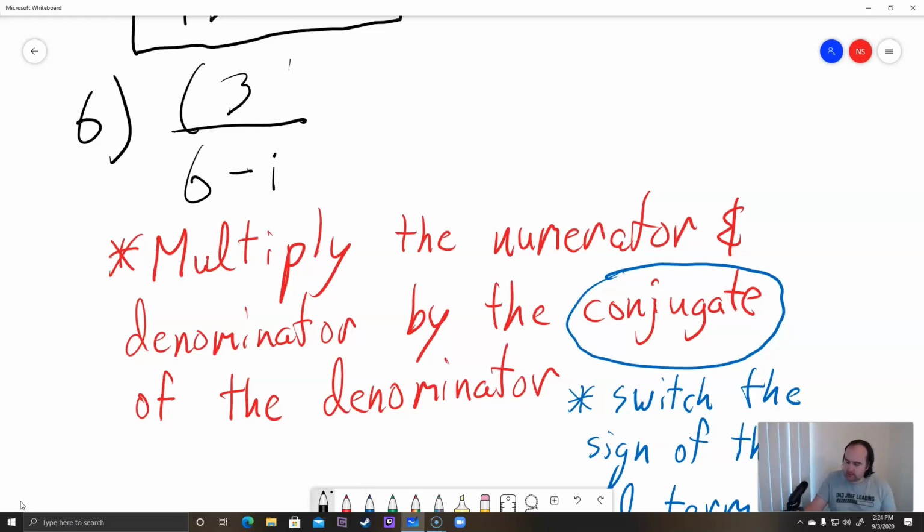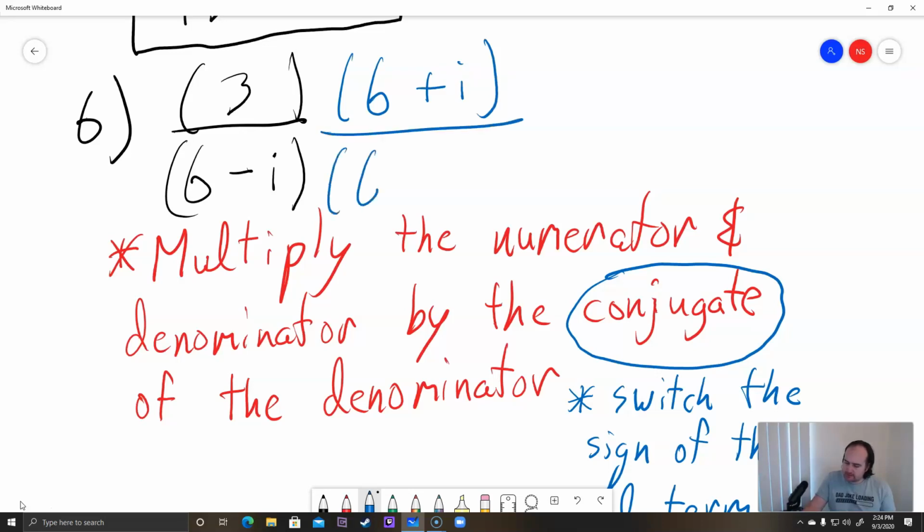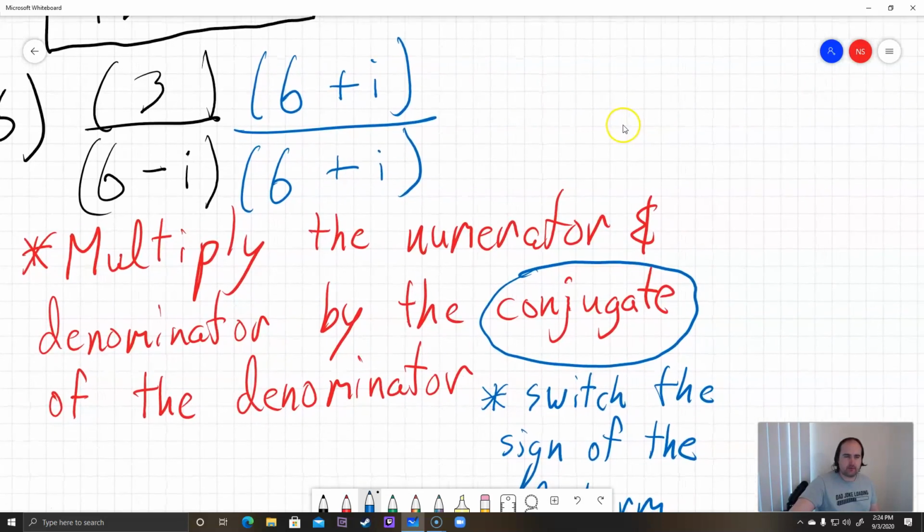So I'm going to multiply the top and the bottom by 6 plus i. And then we actually have to simplify this a little bit.